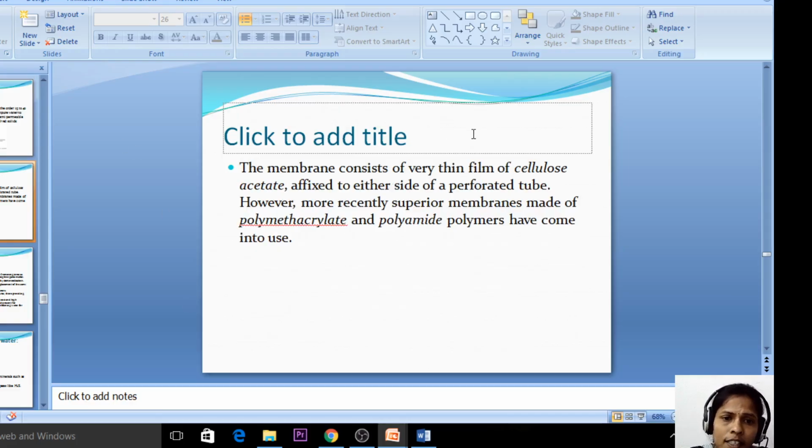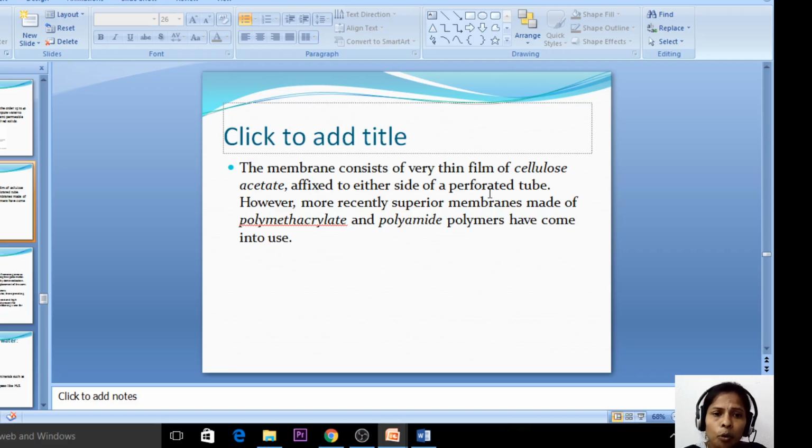The membrane consists of a very thin film of cellulose acetate affixed to either side of a perforated tube. So it is a very thin film. This thin film has cellulose acetate on both sides. That is, the semi-permeable membrane is made of cellulose acetate.